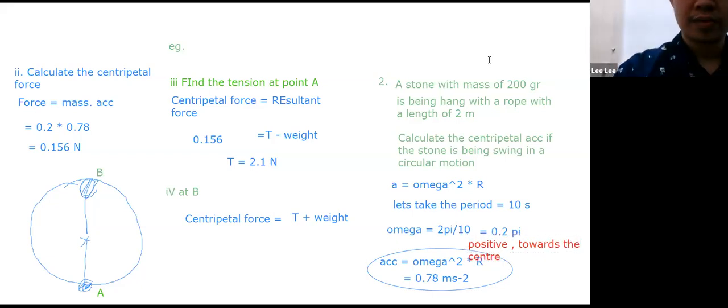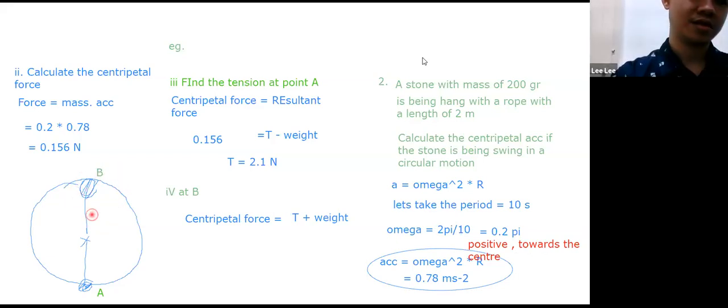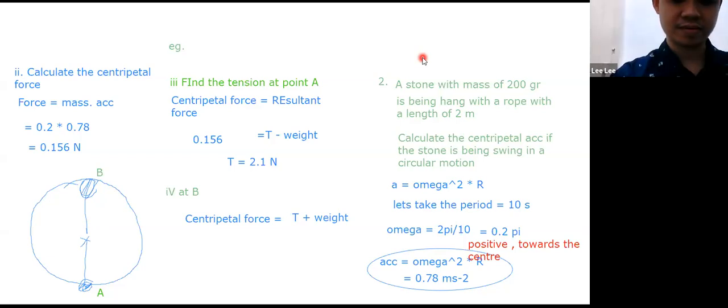Now pay attention here. Your tension and the weight also go to the center, right? Your acceleration also goes to the center, because the acceleration you took as positive already. So it means the tension and the weight also have to be positive.